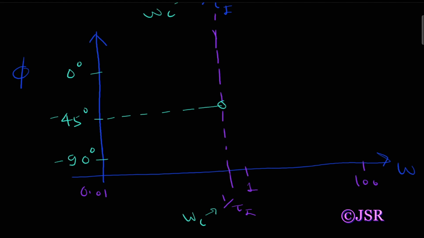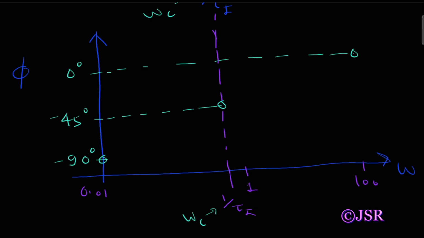When omega is equal to 0, the angle is 90 degree. When omega is equal to infinity, the angle is 0.